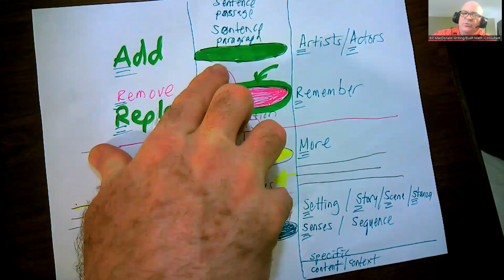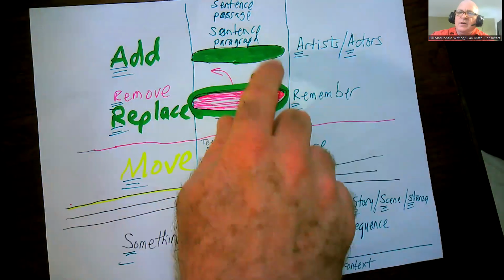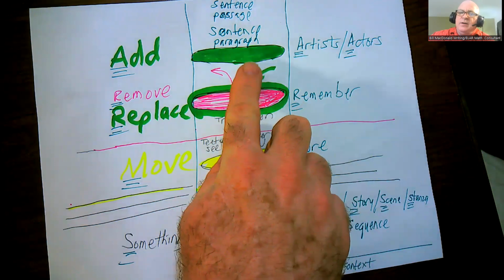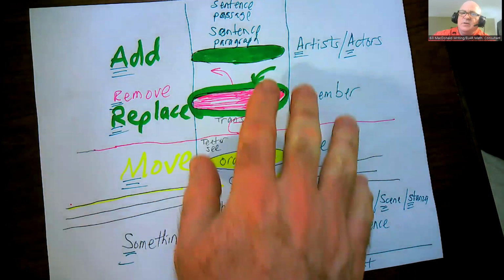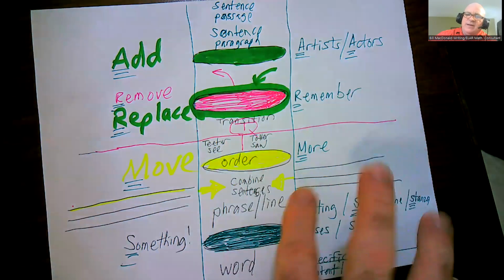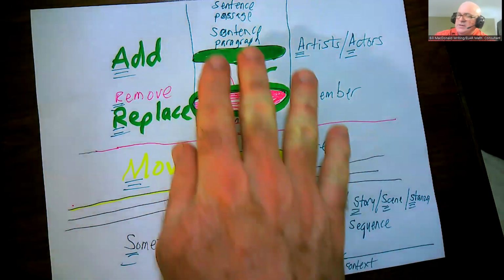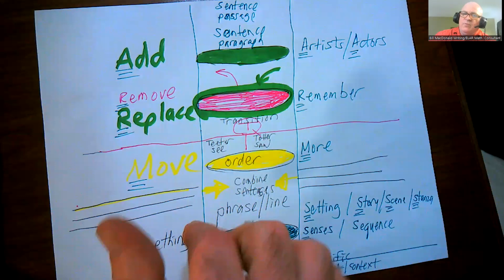Add, green. They sell those little neon bracelets. I'd recommend, if you can get your hands on some green, yellows, reds, and blues, you can, up until the test, remind your kids, I need to be able to add, remove, replace, or move something.